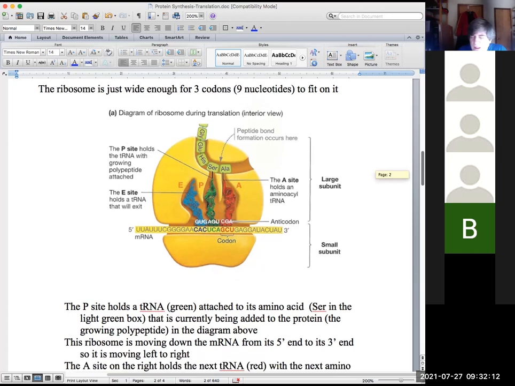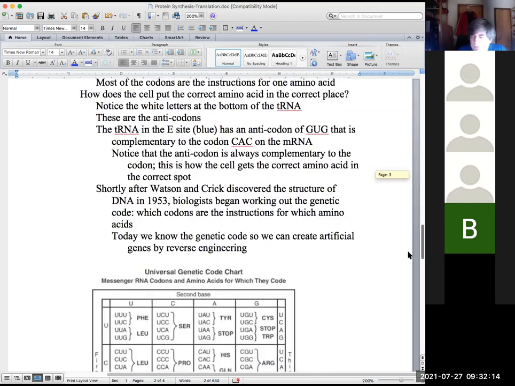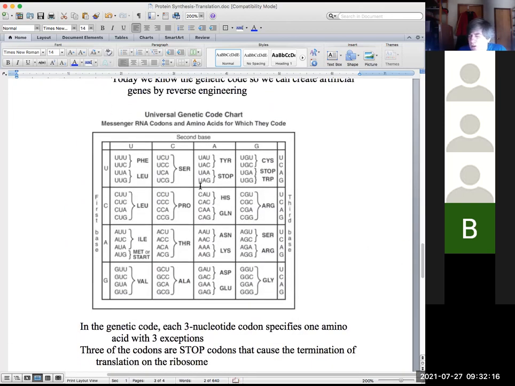So let's look at these codons for a minute. Let's go down to a chart. So here's a chart we're going to see several times. We're using the same chart, but if you would go online and do a search for a genetic code, you'll find a million different charts similar to this.